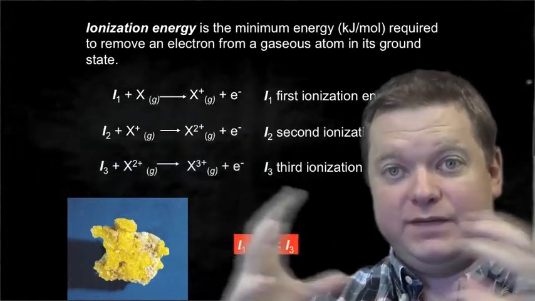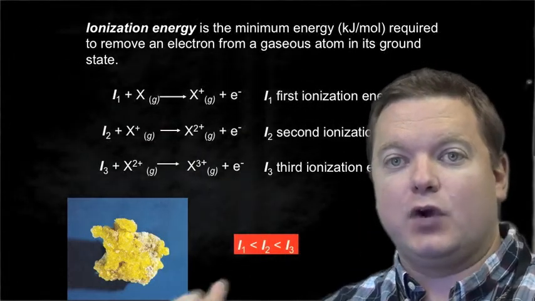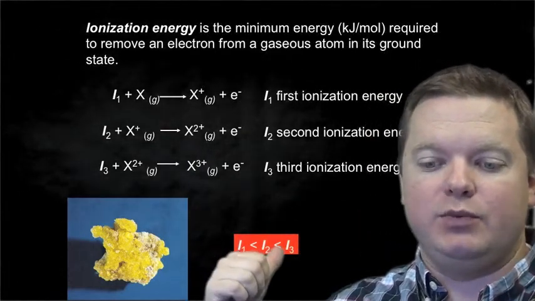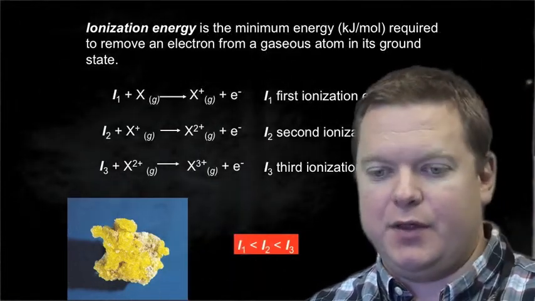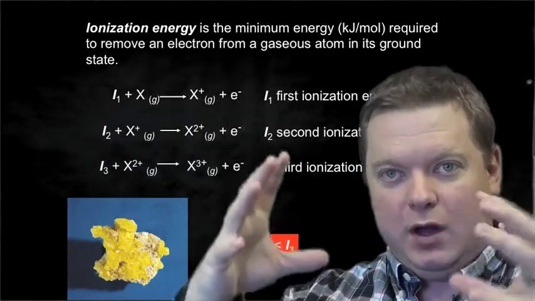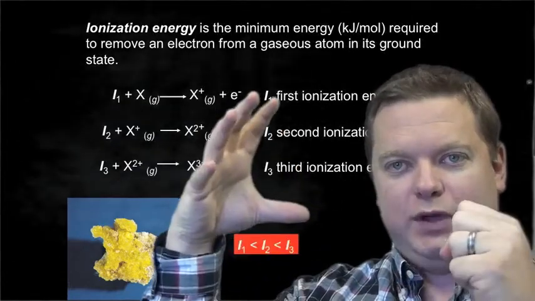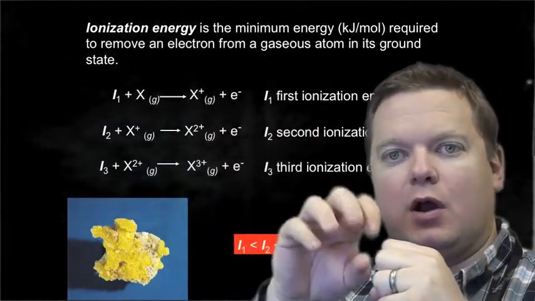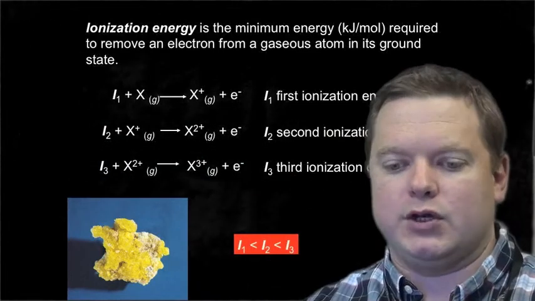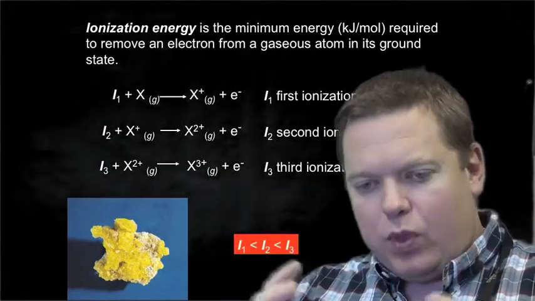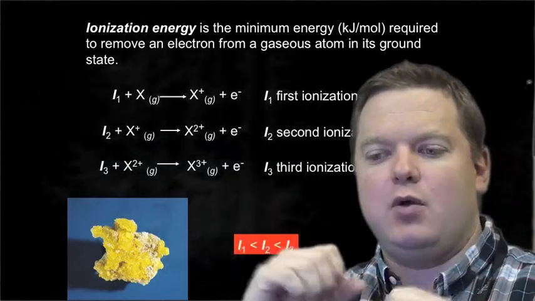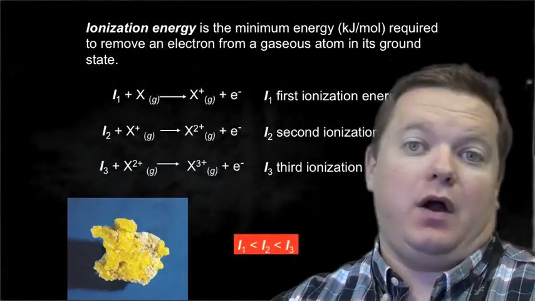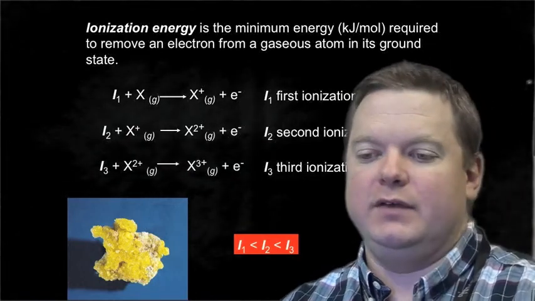And in general, because of this Z effective, the first ionization is always going to be less than the second ionization, which is going to be less than the third. Because as we remove electrons, the Z effective becomes stronger, and it's harder to remove more electrons. So if the Z effective affects how easy it is to pluck these out, our periodic trend is going to mirror that Z effective.